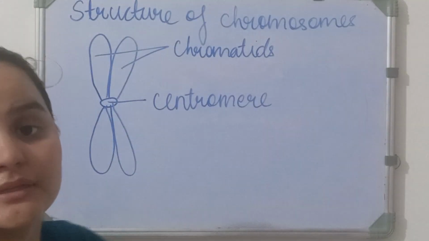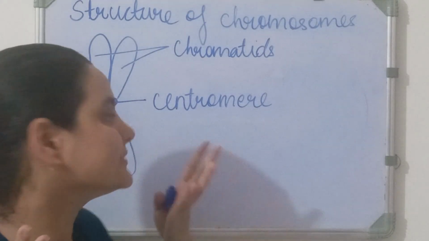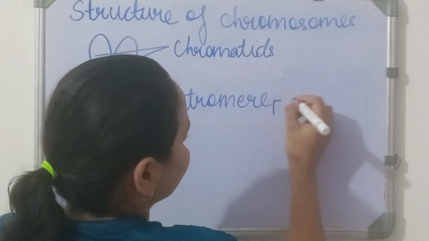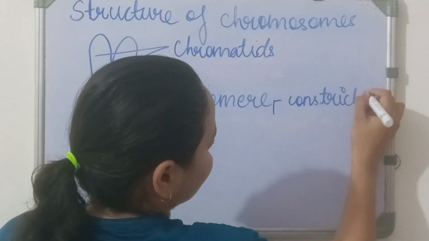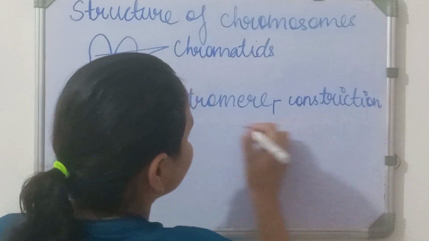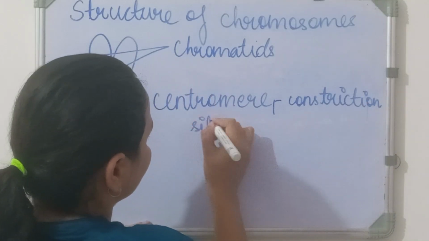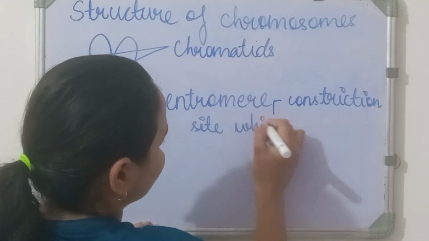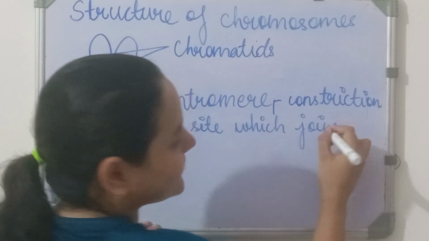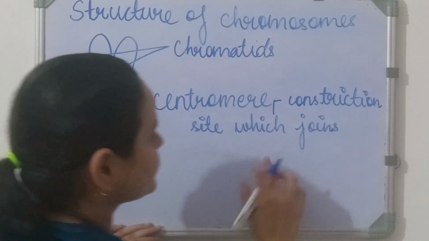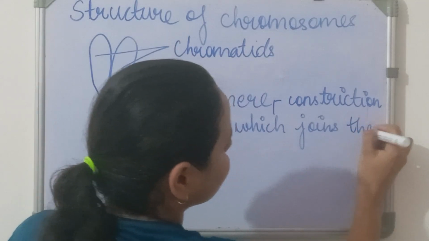This centromere is a constriction site, which joins or attaches the two chromatids.